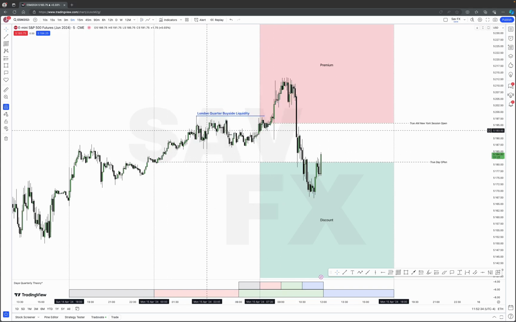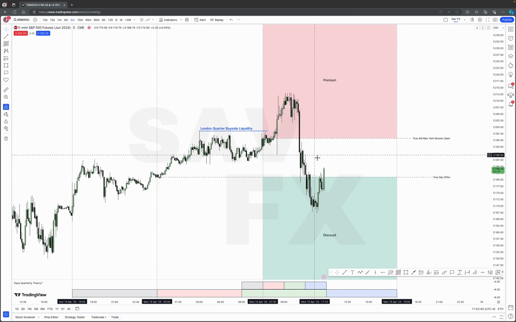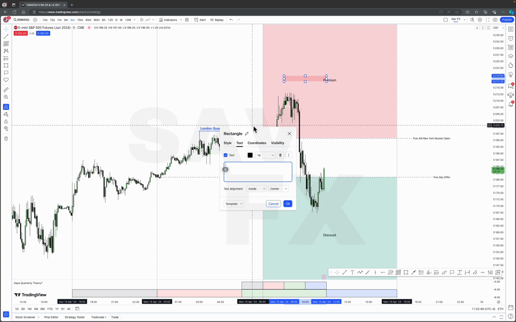Right, so price opens, sweeps liquidity, then begins to distribute lower, right? And you'll notice that it distributes within your New York session kill zone.